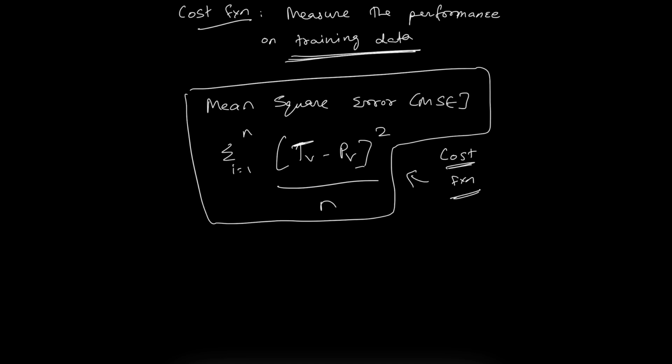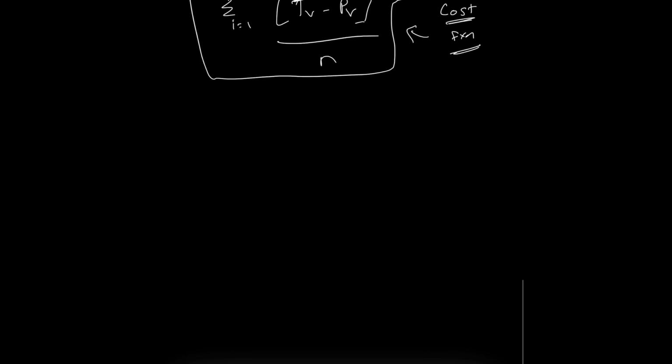But basically, now that we know about the cost function, we'll go more into how we optimize a model based on this cost function. So first of all, you need to know the parameters of this function. This is our function for linear regression.